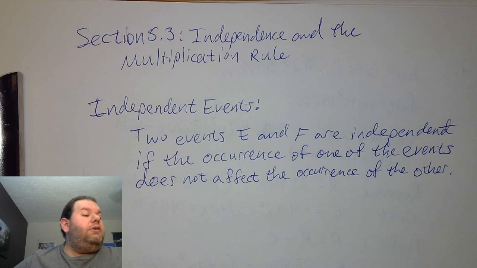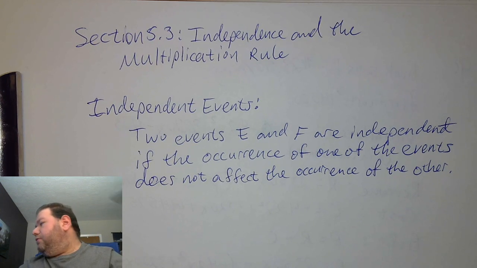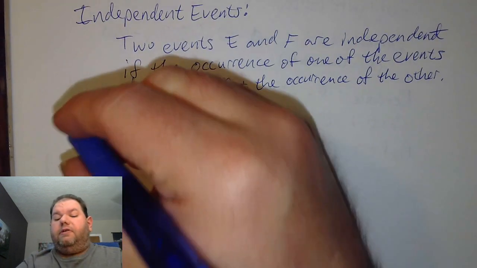Alright. So now we have a multiplication rule for independent events.